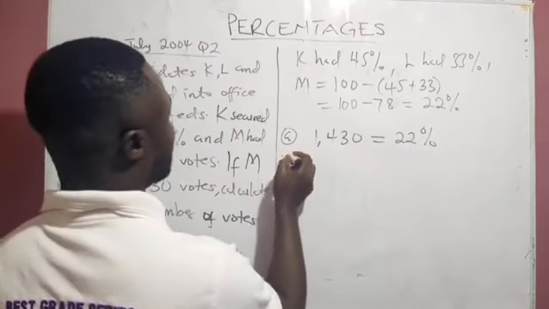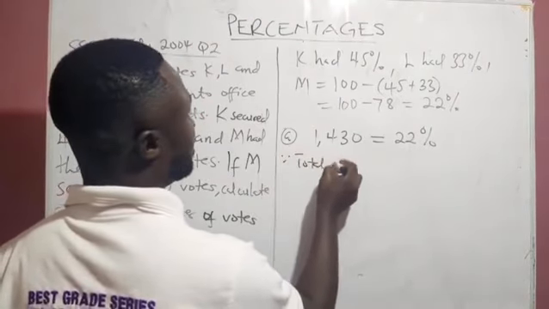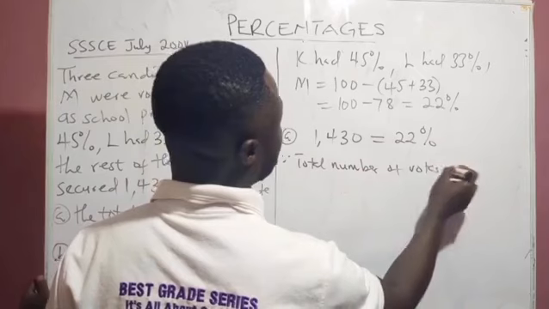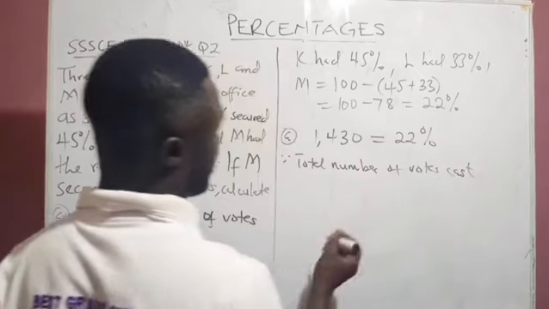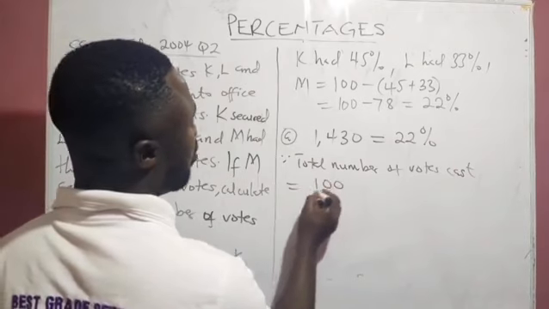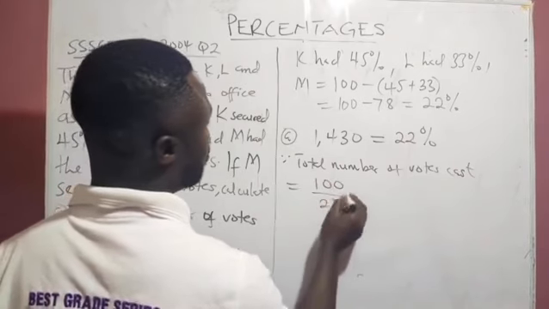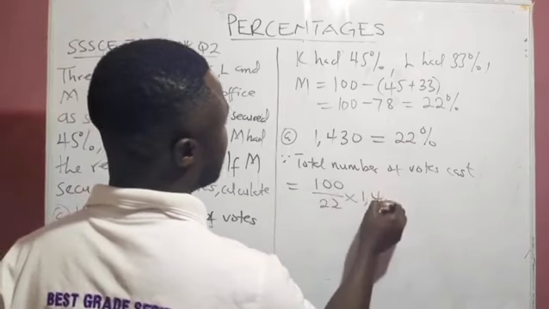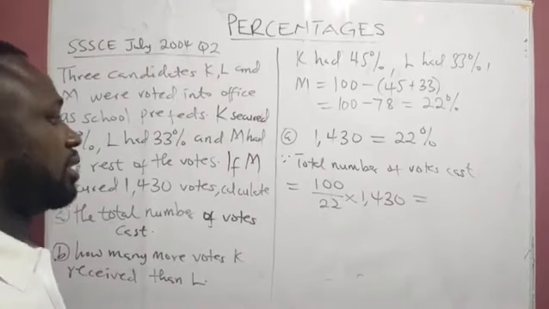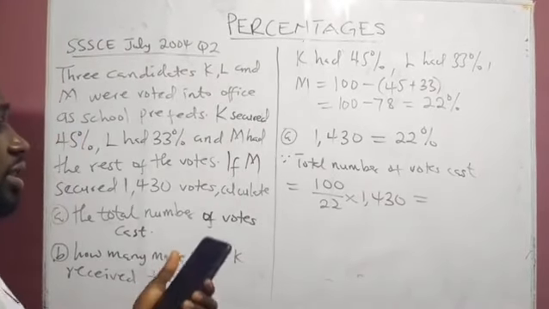Therefore, the total number of votes cast, we know it's 100%, will be what? Since we are looking for the value of 100%, it is 100 over 22 times 1,430.